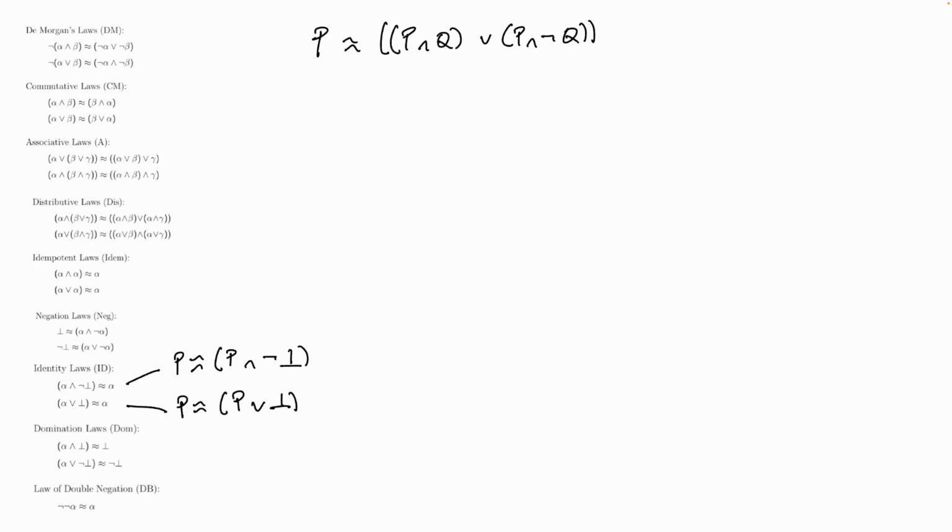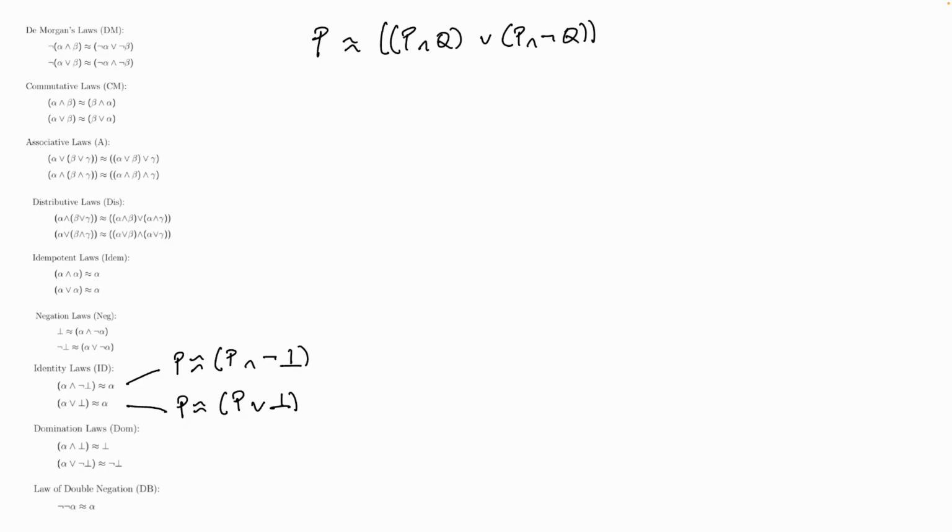Might either of those equivalences help us? Well, let's try building off of that first one. Do our laws tell us anything helpful about what P and not absurdity is equivalent to? Well, consider the second of the negation laws. It tells us something about what the negation of absurdity is equivalent to. It says that the negation of absurdity is equivalent to any formula of the form alpha or not alpha.